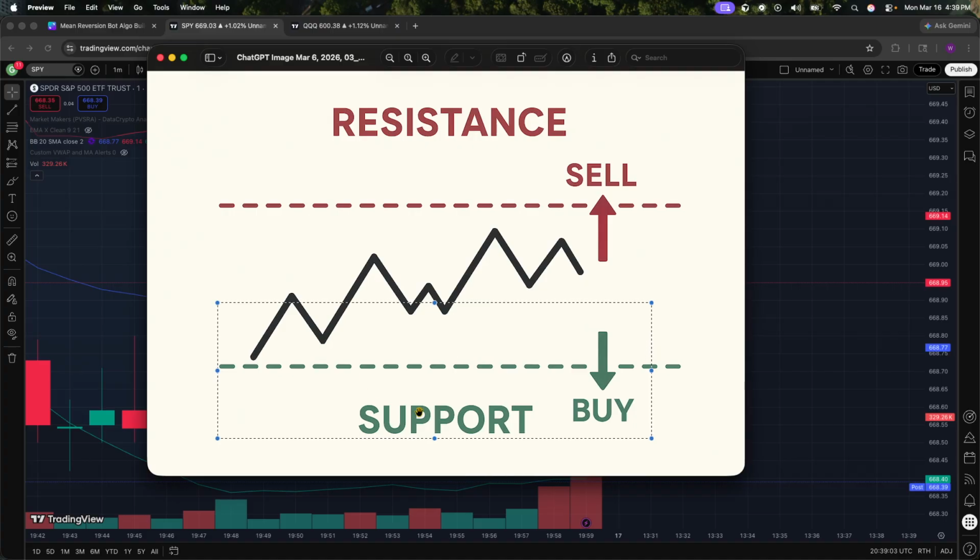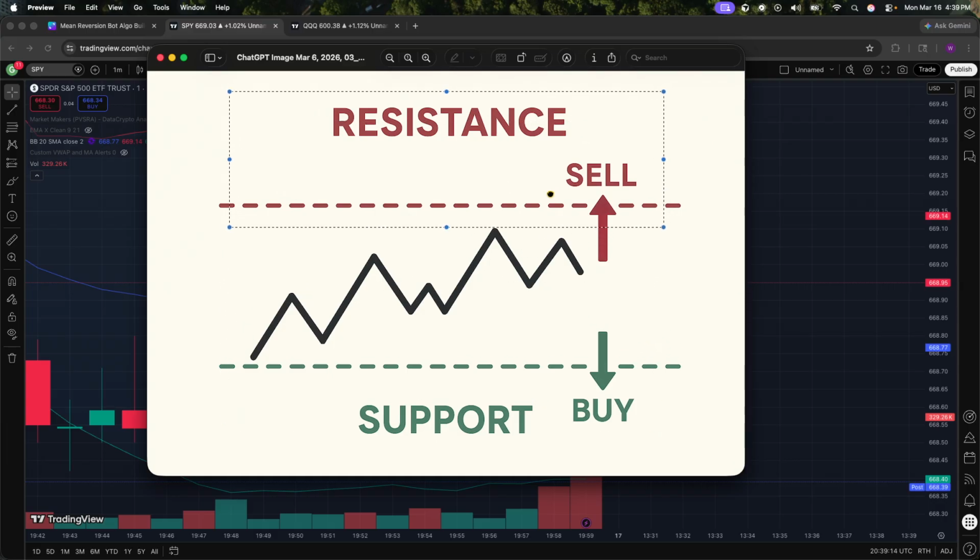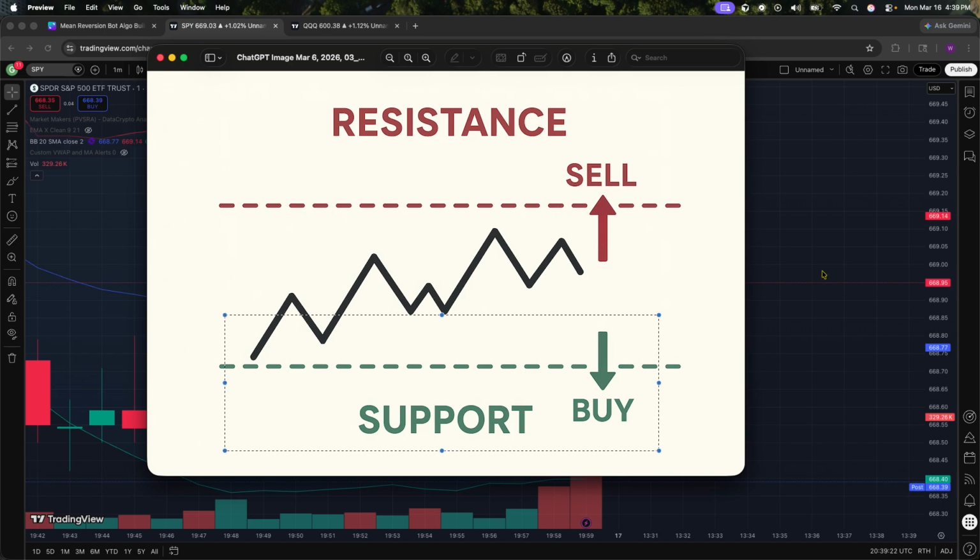So whenever you hear somebody say, all right, bet, I just got in at support, that's letting you know that they just bought the dip. So you buy at support. And whenever our price is making higher highs, we are at the resistance levels. So you sell through support and you buy through resistance.